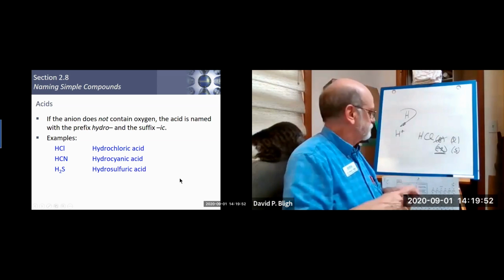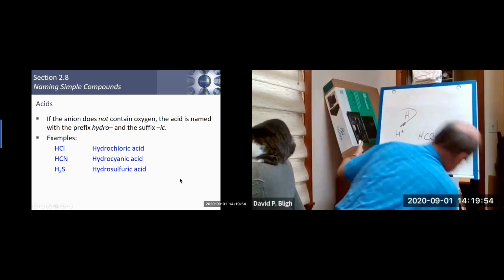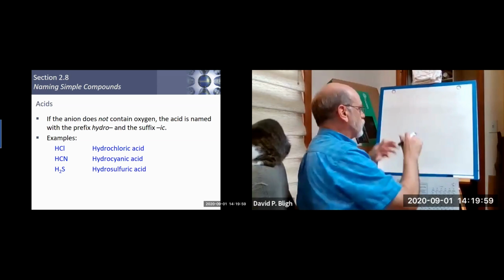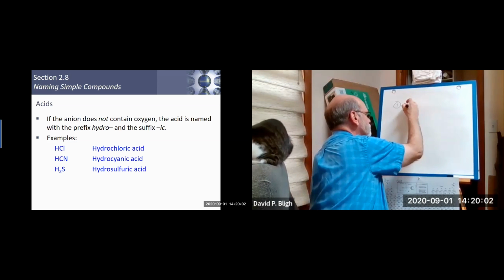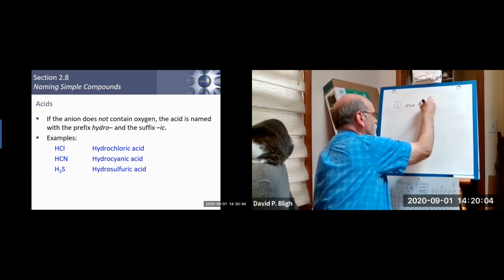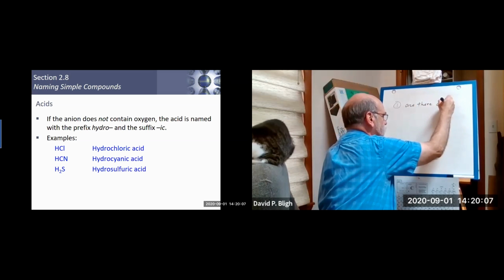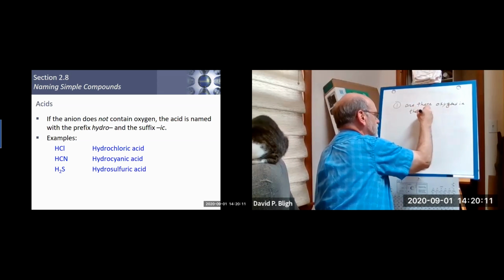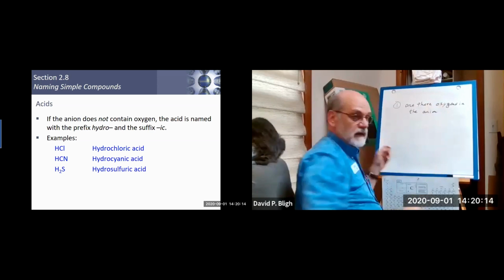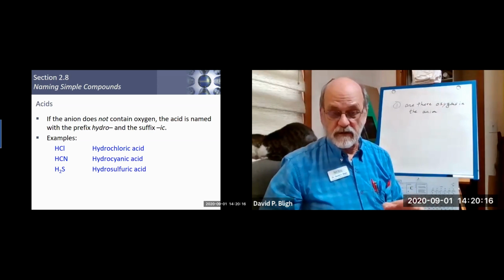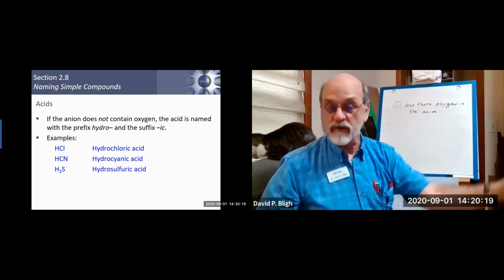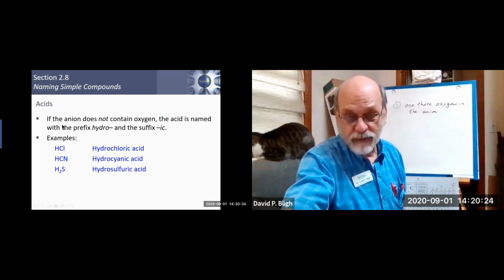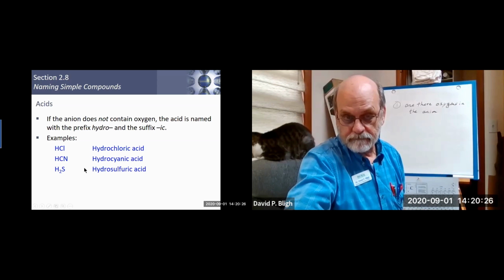All right, so what's the rule? First rule. Are there oxygens in the anion? Are there any oxygens in the non-hydrogen part of the molecule? In these examples, there are no oxygens out there, right?